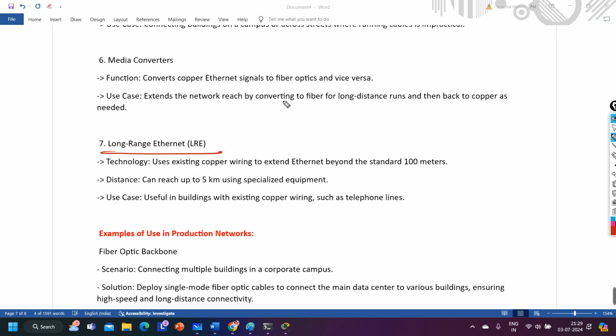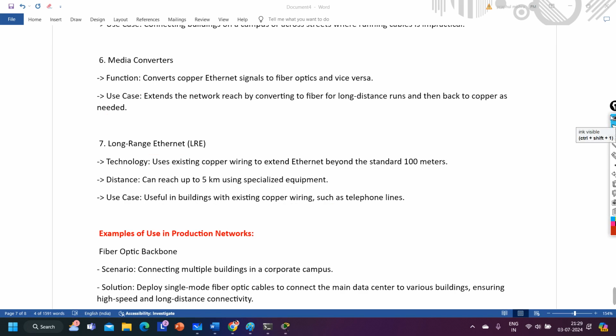It extends the network reach by converting to fiber for long distance runs and then back to copper as needed. This technology uses existing copper wiring to extend Ethernet beyond the standard 100 meters. The distance can reach up to 5 kilometers using specialized equipment. It is useful in buildings with existing copper wiring such as telephone lines.